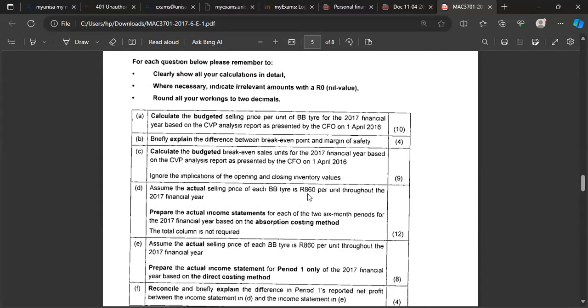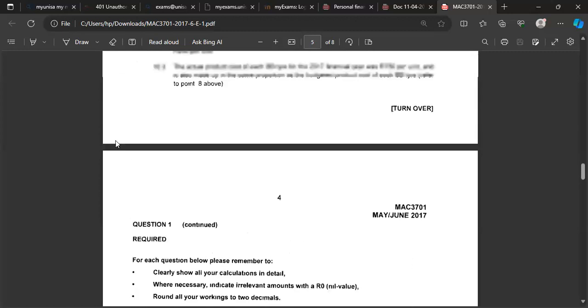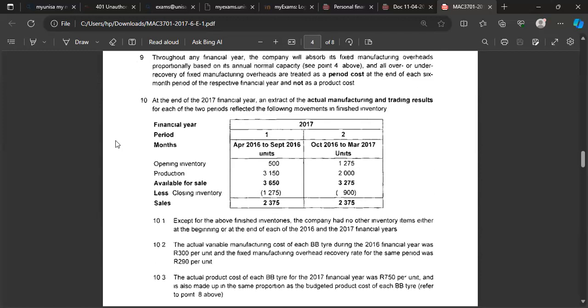Not only do we need the selling price, but this is the actual information, the actual manufacturing and trading results. The number of sales units is 2375 and 2375 for both periods. So you can put that in there.